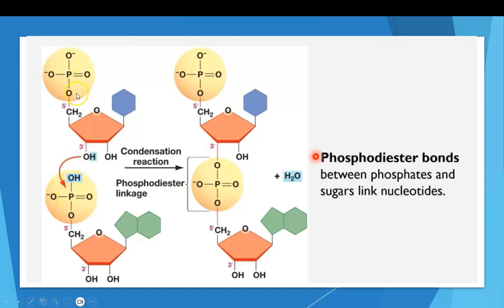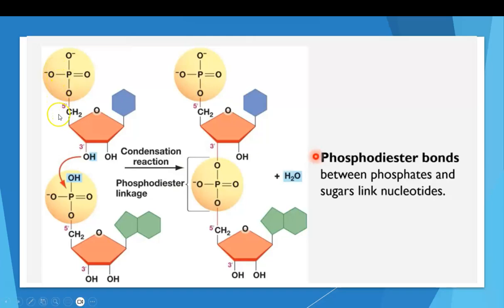So one phosphate is attached to the 5 prime carbon, and the other phosphate is attached to the hydroxyl group that is connected to the 3 prime carbon in the deoxyribose sugar.